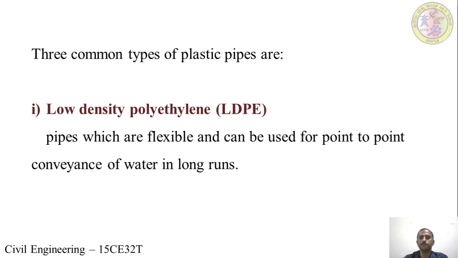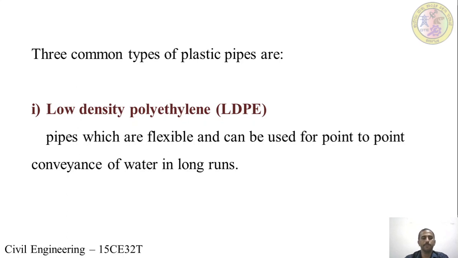LDPE pipes are thermoplastic made of monomers of ethylene. Thermoplastic means it becomes soft when heated and hard when it is subjected to cold temperature. They undergo hard and soft stage number of times without losing their physical, mechanical or chemical properties.